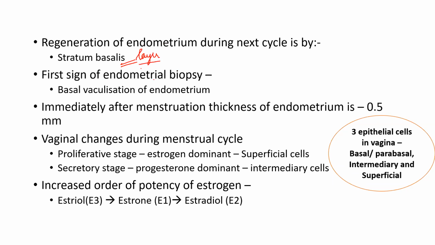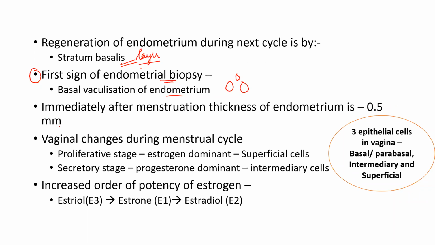Now, the first sign on endometrial biopsy, a clinical aspect with regards to menstruation, is the basal vacuolization of the endometrium. In this basal layer, there will be vacuole formation. That is the first sign on endometrial biopsy. Next, immediately after menstruation, the thickness of the endometrium is 0.5 mm.